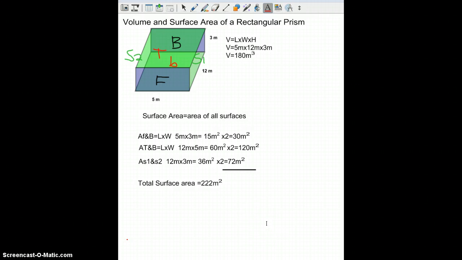So I hope that helps you in reviewing volume, which ended up to be 180 meters cubed, and surface area 222 meters squared.